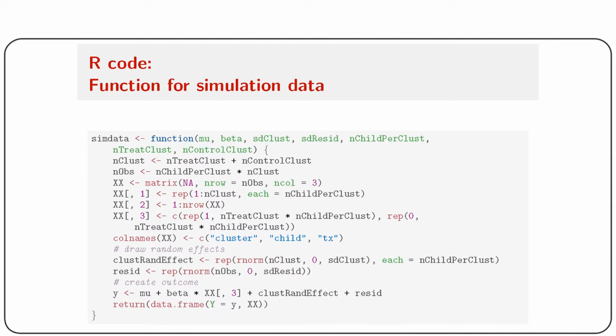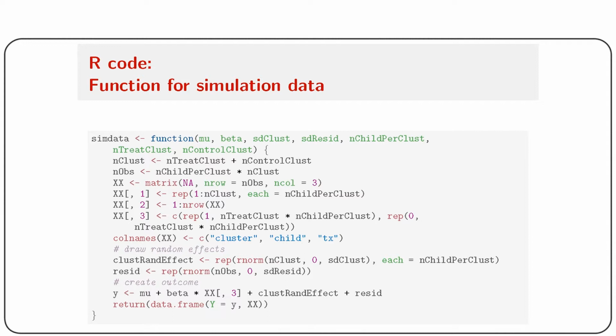So x1 is the replicate 1 to n cluster, each n child per cluster, and x2, the second column, is 1 to n row of xx, and x3 is the replicate 1, in times n treatment cluster times n child per cluster, and then replicate 0 for n control cluster times n child per cluster.